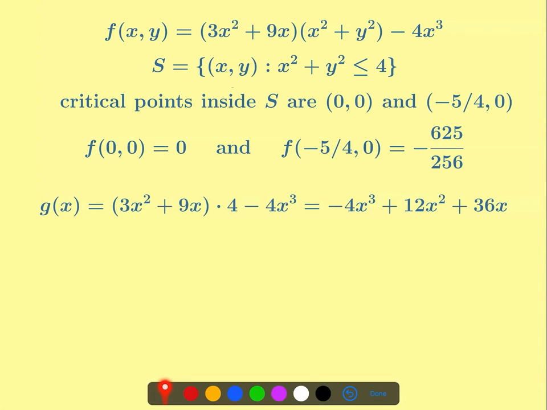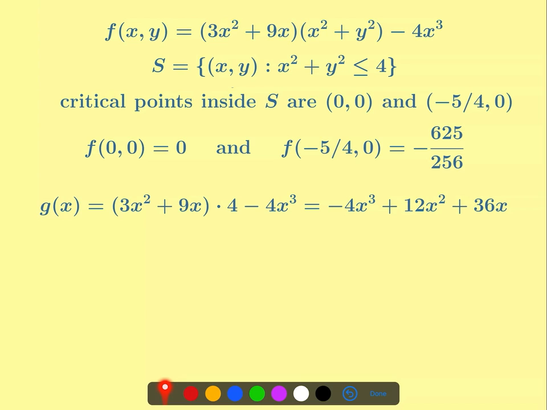That gives me this function g of x, 3x squared plus 9x times 4 minus 4x cubed. I went ahead and expanded this, so I have the minus 4x cubed, I have a 12 from the 4 times 3x squared, and I have a 36x. We're adding those, and that is g of x.